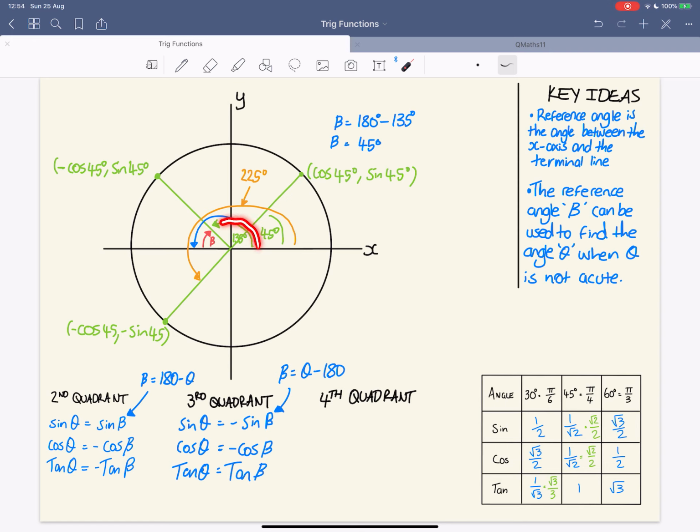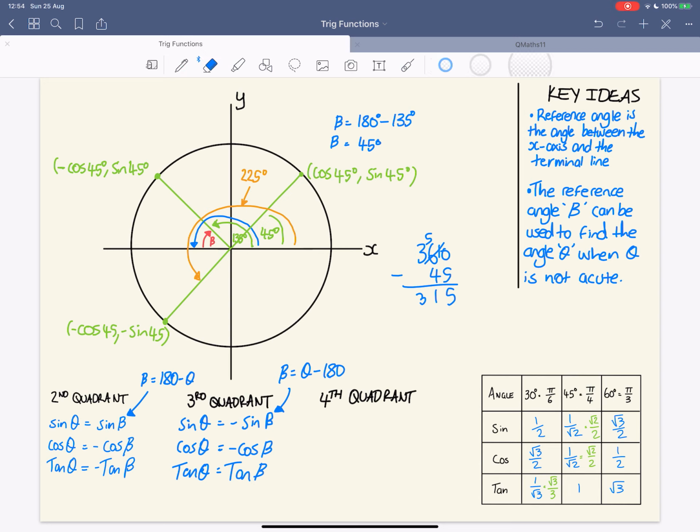And if we chose to do this angle, we could estimate that to be 45. So it'd be 360 take 45, right? And we can do a little sum here. 360 take 45. Where would we end up, right? Well, let's do some working out. 5, 1, 3. That would be 315 degrees.